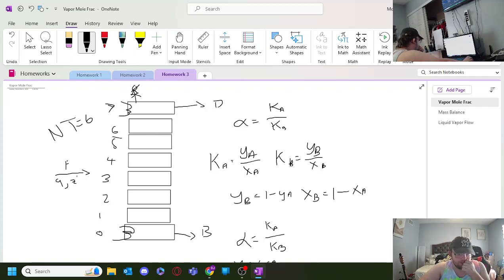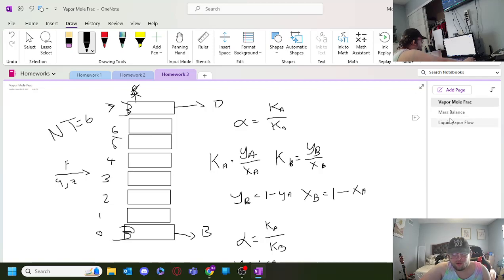The reason is this feed stream here, because the liquid flow rate from 3 to 1 is going to have an additional liquid flow from the feed based on our Q. And same thing with vapor for 4, 5, 6 because of our Q and F.